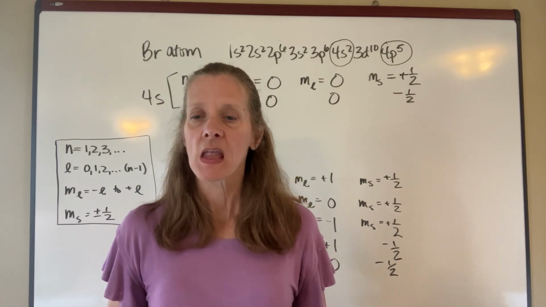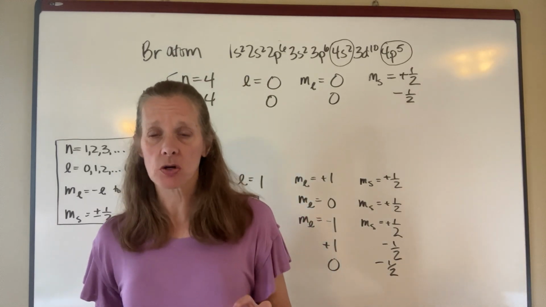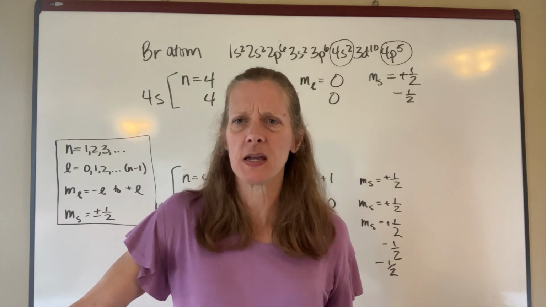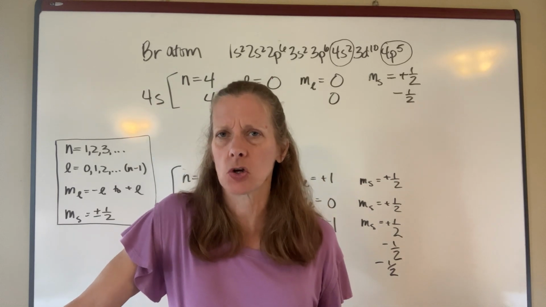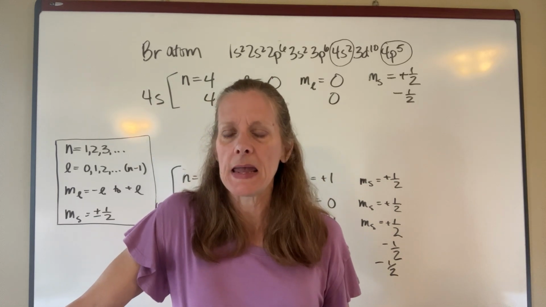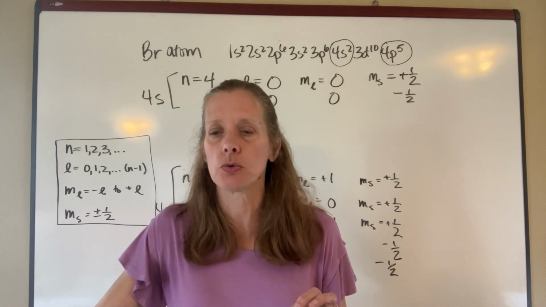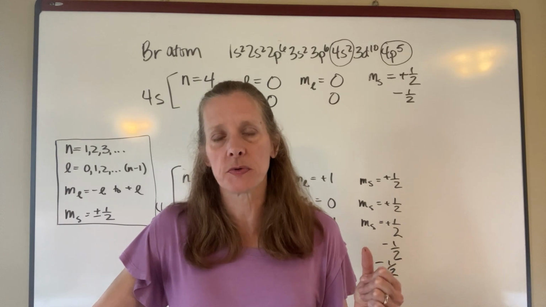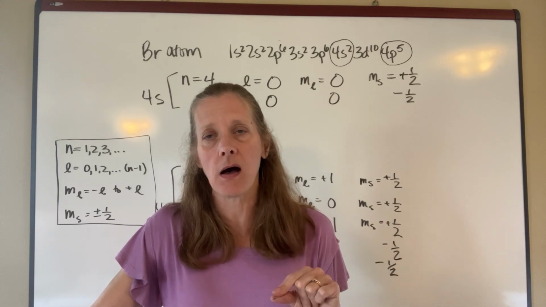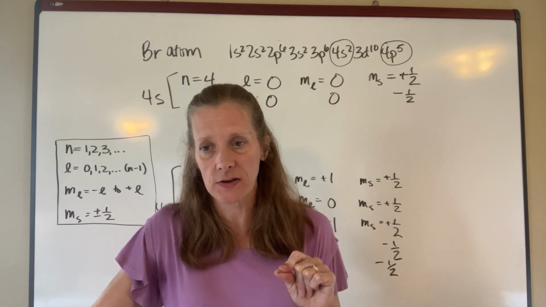Finally, he talks about degenerate orbitals being orbitals of identical energy levels. And if you recall, when we first started talking about quantum numbers, what I told you was that only quantum number n and the quantum number L affect the energy of the electron.